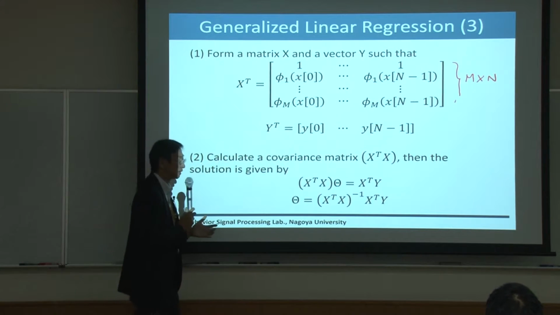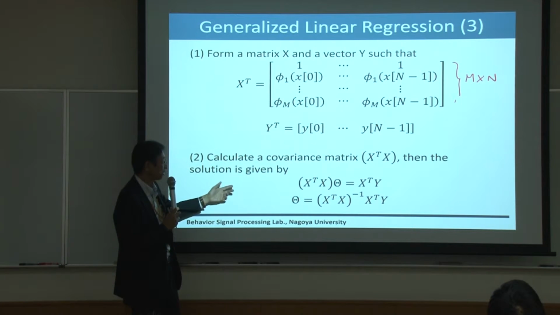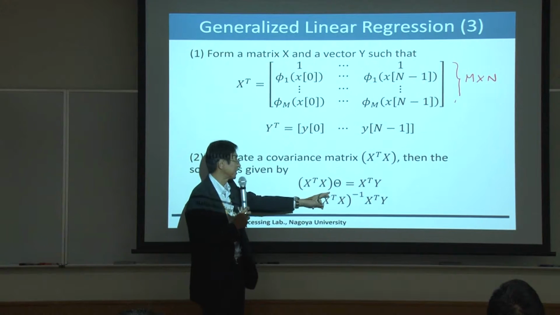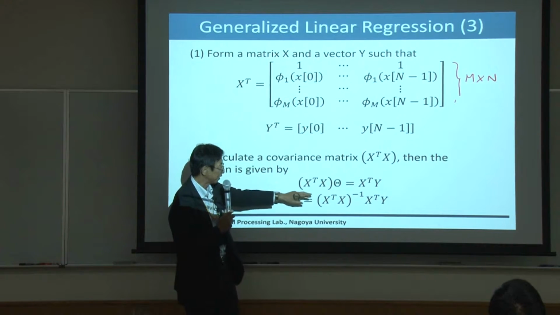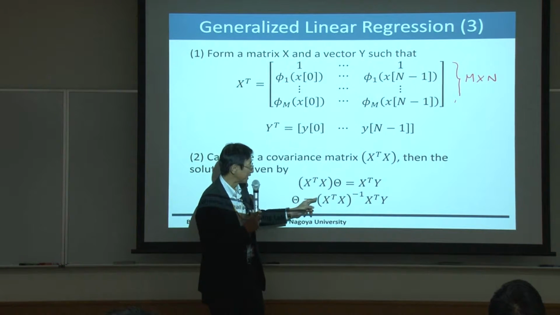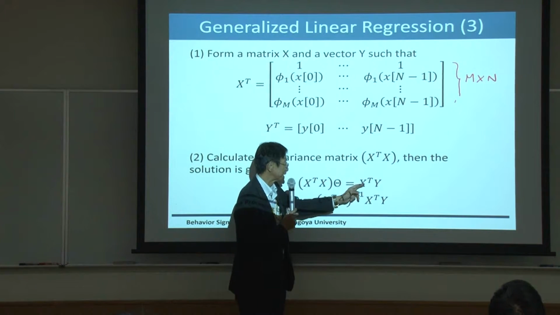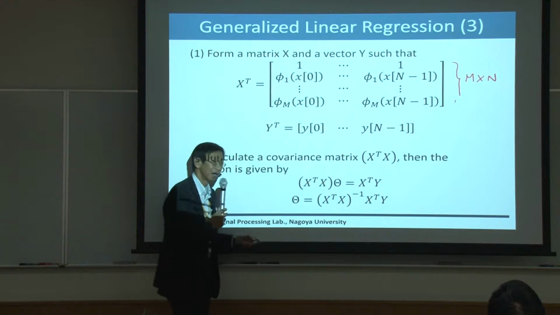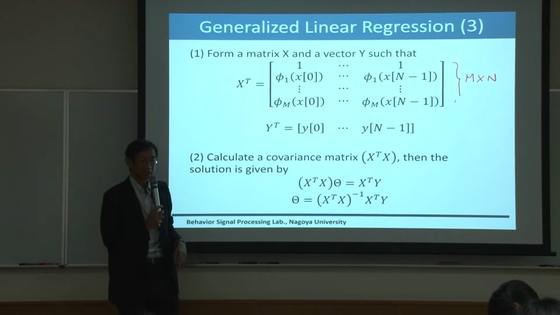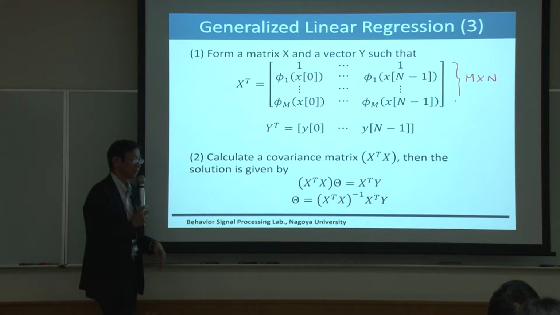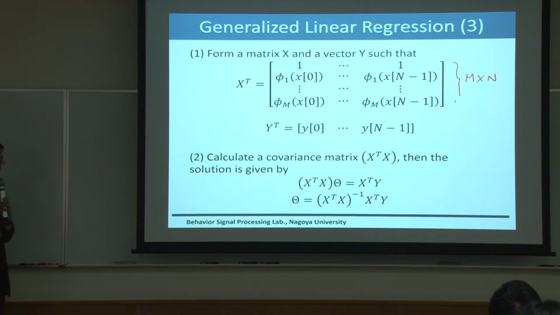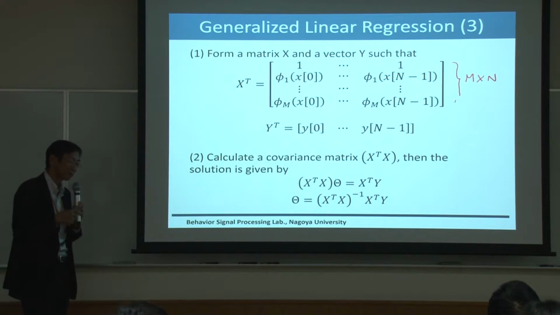They calculate quite the same thing: X transpose times X, then calculate its inverse and multiply it by X transpose y, which gives you the best parameter theta. So I think you understand the system. This is quite easy mathematics.